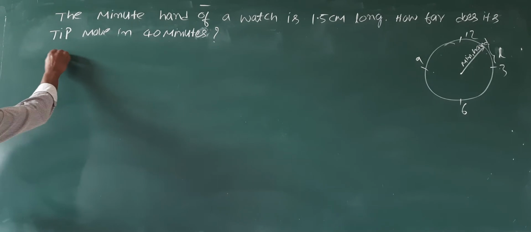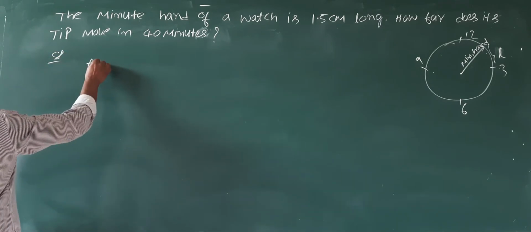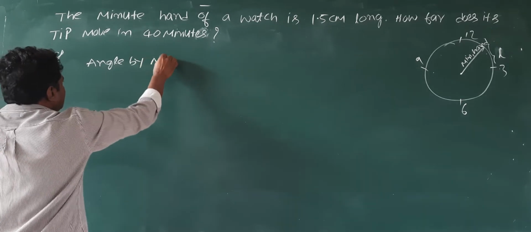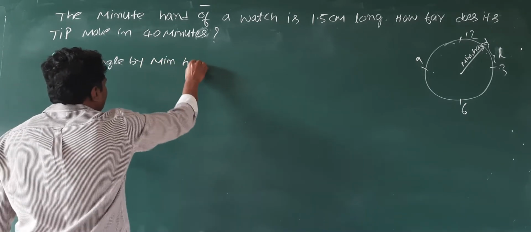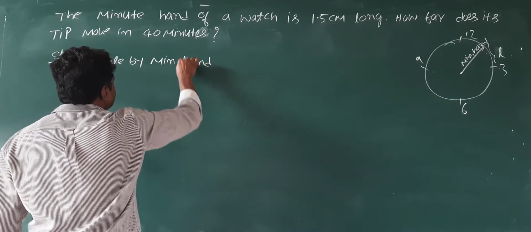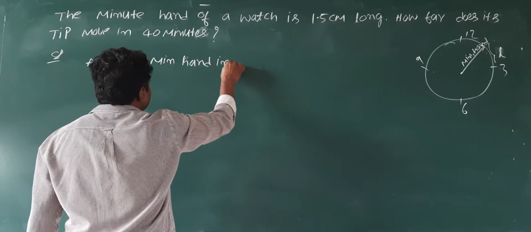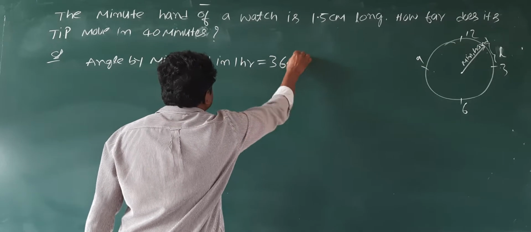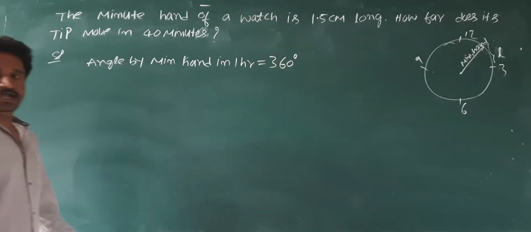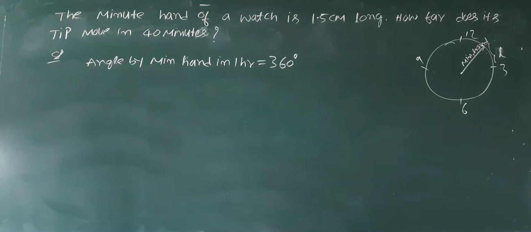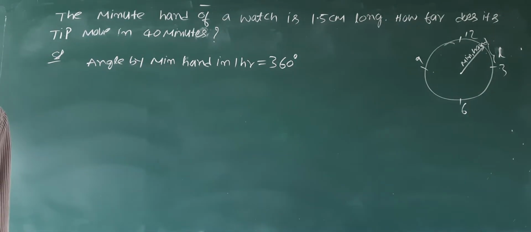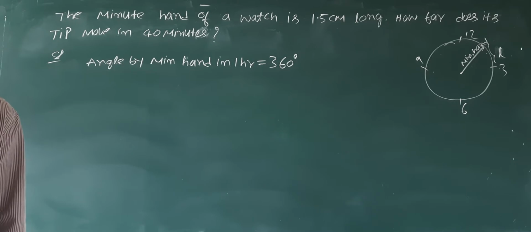Solution. Angle by the minute hand in 1 hour is equal to 360 degrees. Is that correct? 1 hour means 60 minutes. You know that very well.